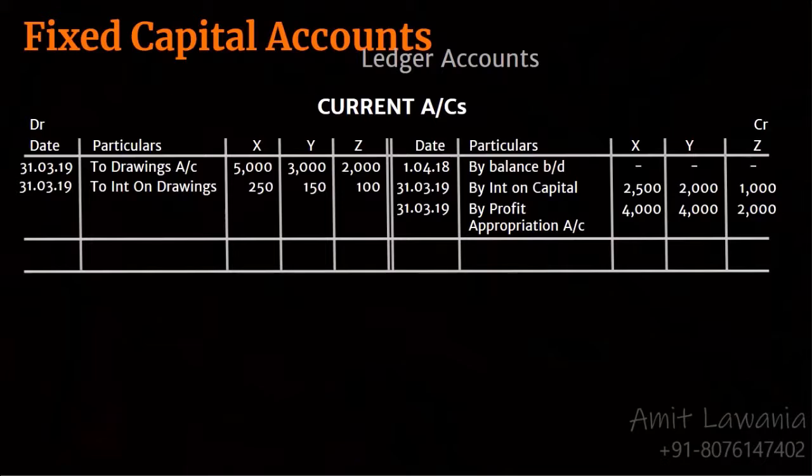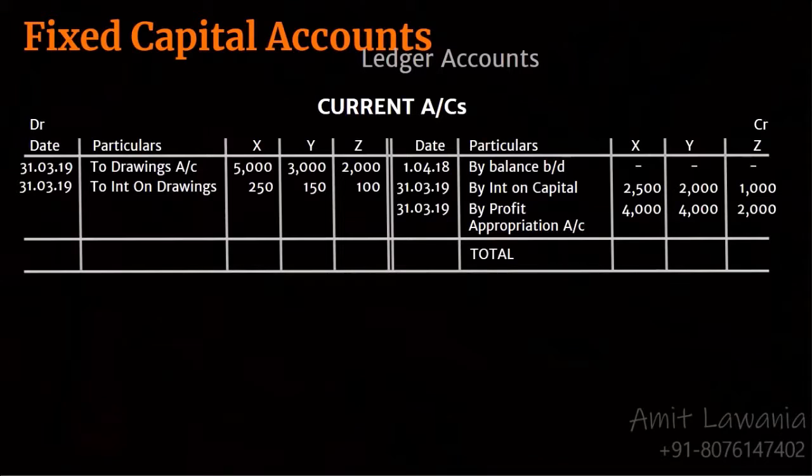Now we see all the entries relating to the partners and those entries which were there in the profit appropriation account have been entered into the current accounts. So we write down the totals.